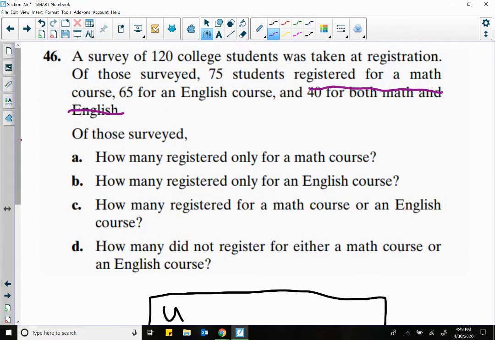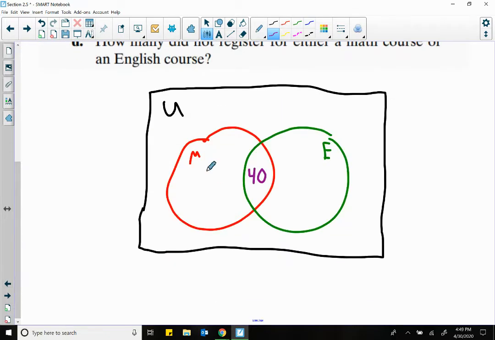So if we come up here, it says 75 students registered for math. Now you cannot go down here and put 75 here. That is incorrect. What that 75 means is that 75 students exist in this entire red circle. This entire red circle should total to 75.